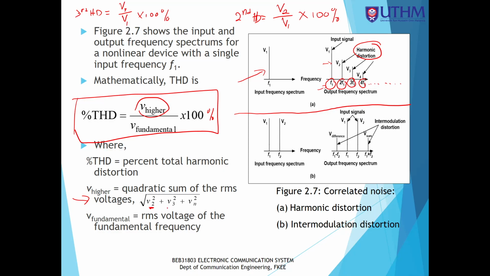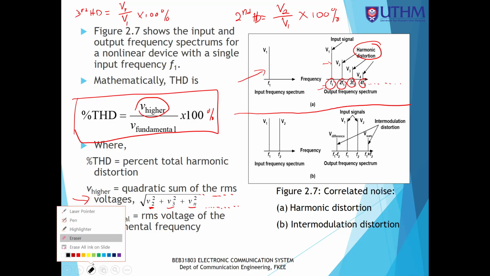So second order, third order, until here in this example the fourth order, so you can put V4. But in this equation it is up to Vn, regardless of how many harmonics you have. If you have up to 10, then you can do up to 10.